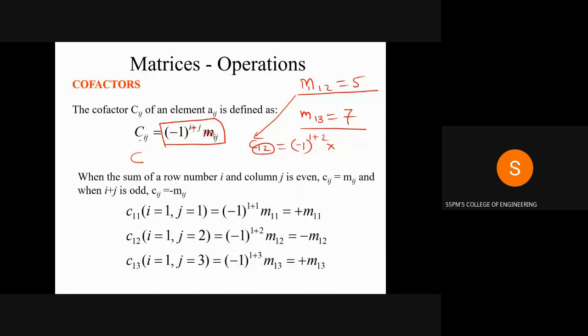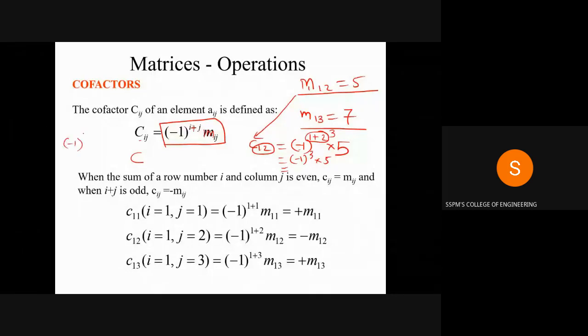So for C12, M12 should be calculated already. It is 5, and minus 1 raised to 1 plus 2. What is 1 plus 2? It is 3, so minus 1 cubed into 5. Minus 1 raised to a power is very easy to find.